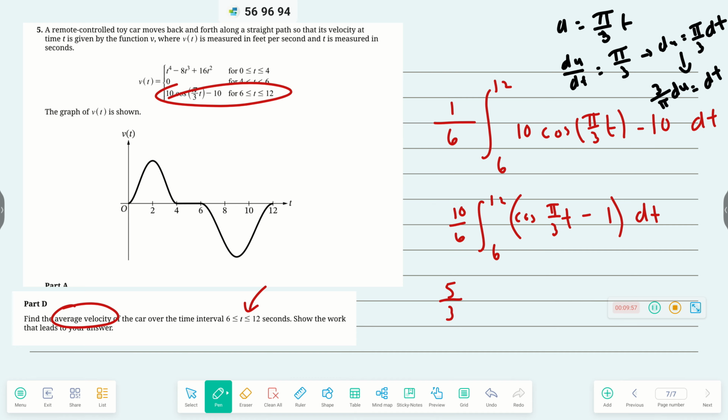I'm going to hold off on my limits here. This is going to become the cosine of u now, minus 1. And dt is now 3 over pi du. So I'm going to put the 3 over pi on the outside as well.